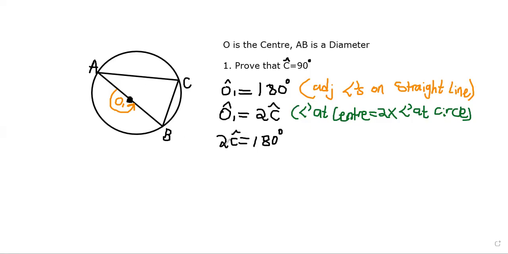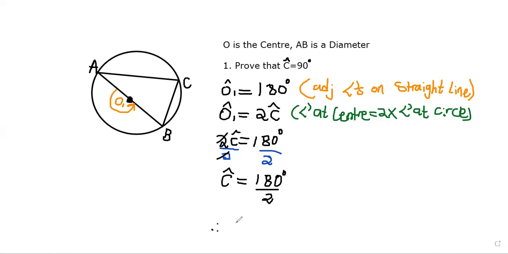Then the next step, we divide by 2 both sides, because math says what you do on the left-hand side, you do on the right-hand side. Then 2 cancels 2, and C is equal to 180 degrees all over 2.